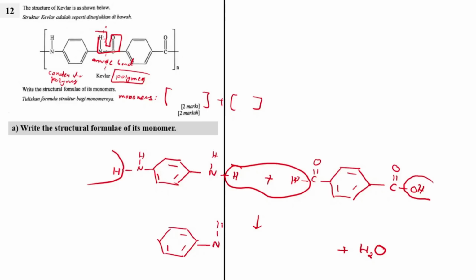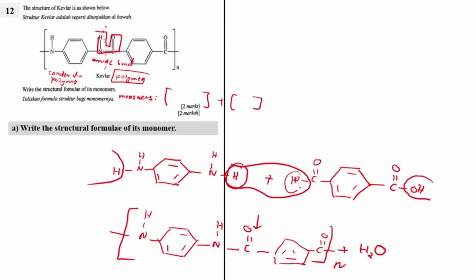So N, H, C double bond O, and then you're going to link them together. Okay, and similar goes to the earlier part. And then we're going to put an N here. So the most logical one is put H and then OH here.